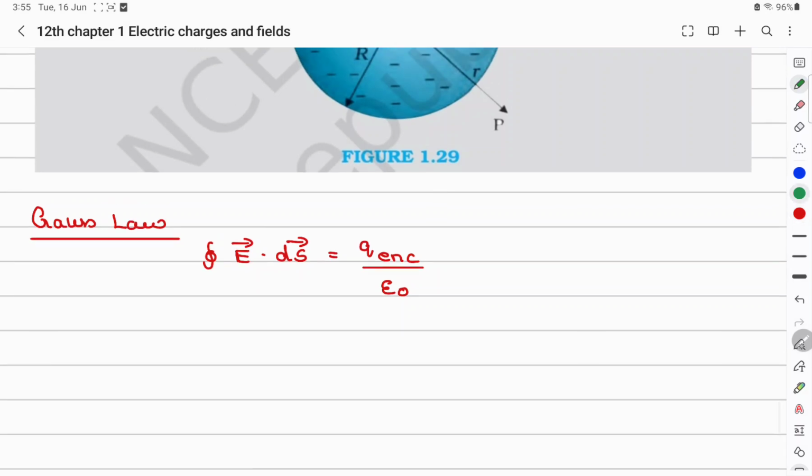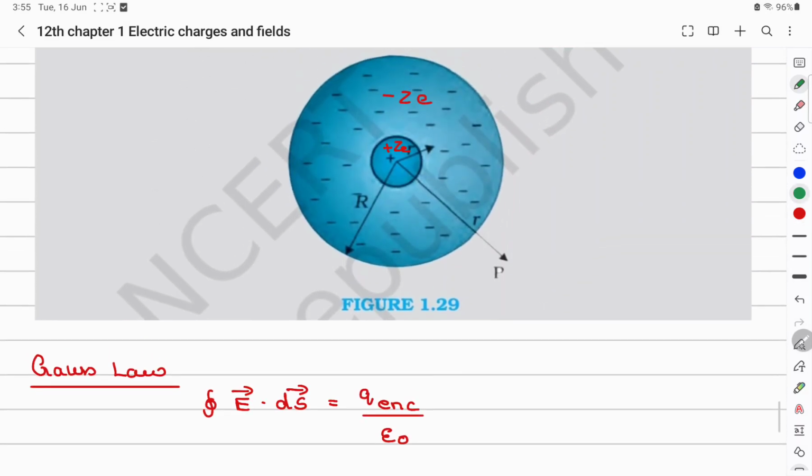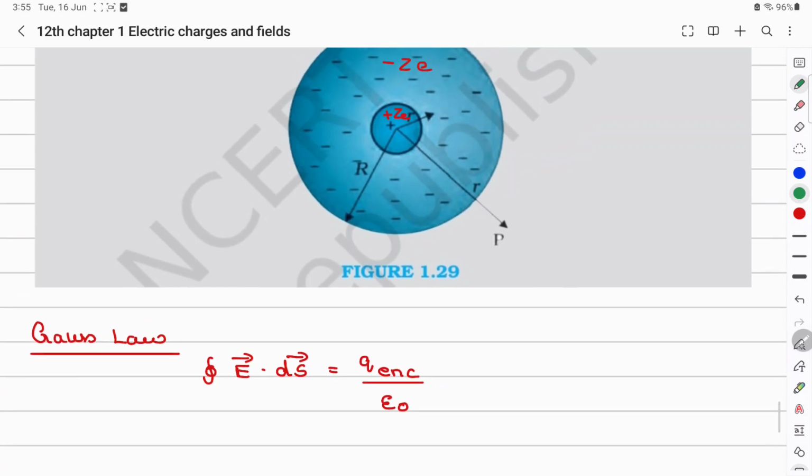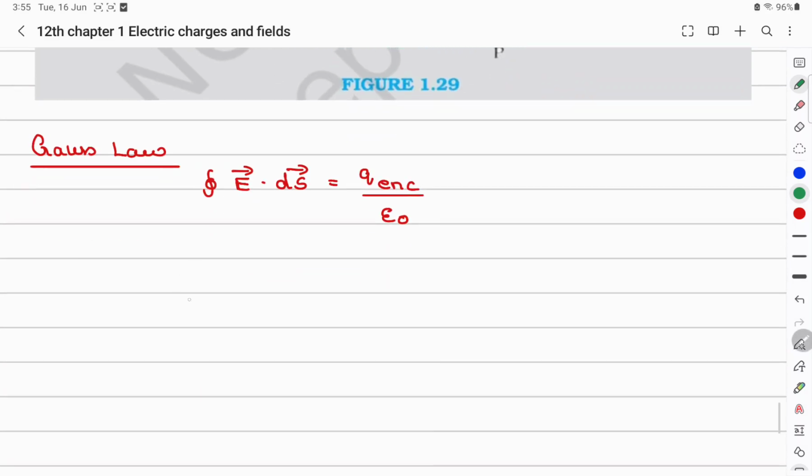Since this is a spherical surface, the electric field is constant, so the angle between the electric field and dS will be equal to 0 degrees. So this equation can be written as E closed integral dS, which is equal to charge enclosed by epsilon naught.